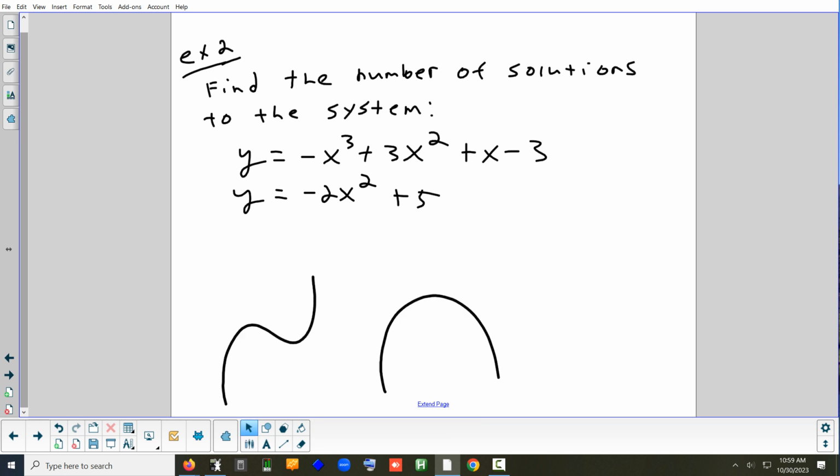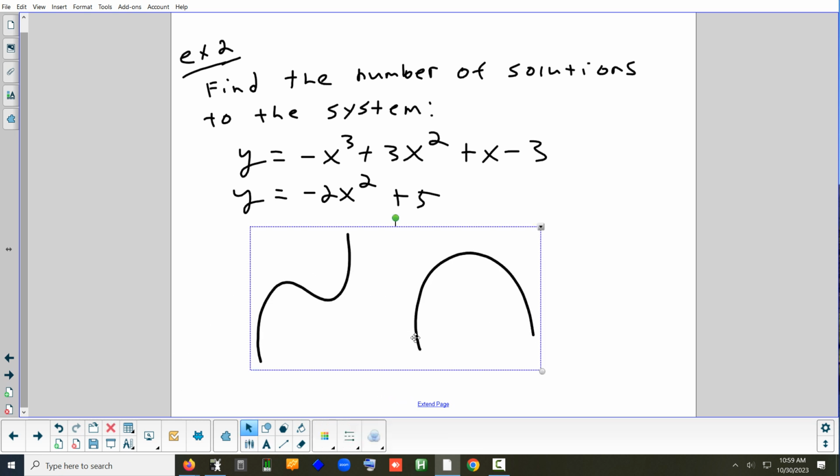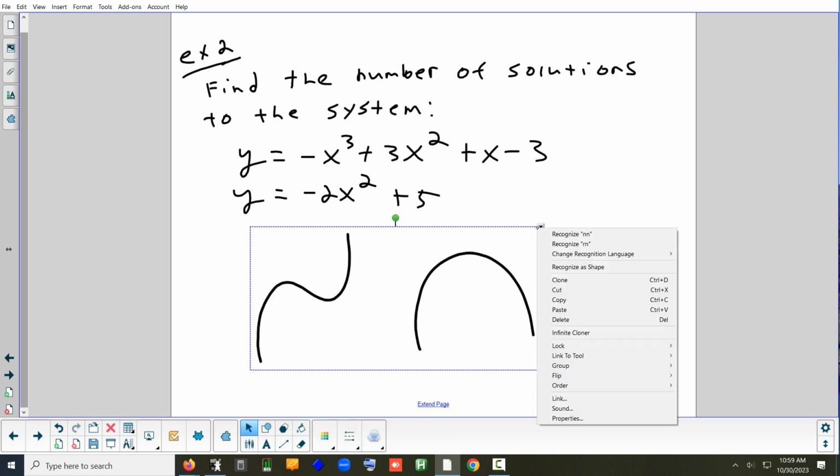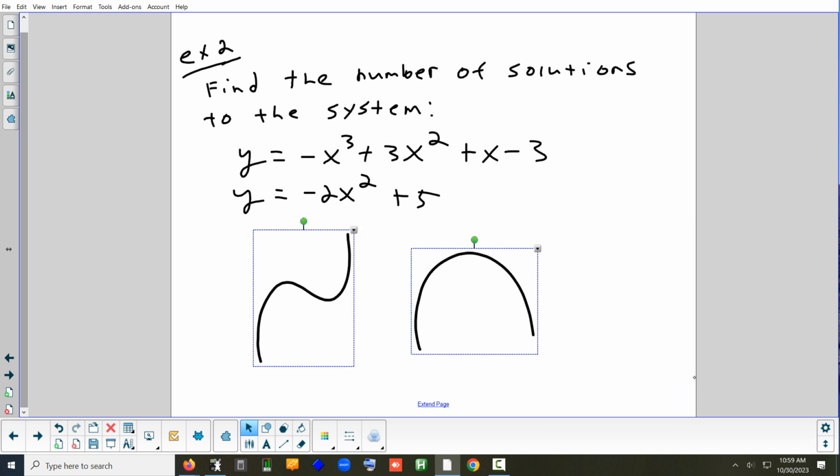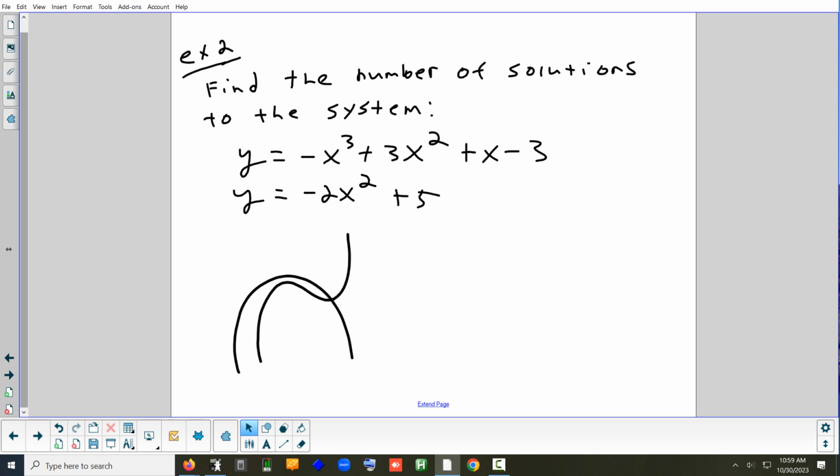Yeah, if everything lined up just right, you could get it 3 times if they did something like that. That cubic might also go the other way in this one because of the negative, so it might actually look more like this.